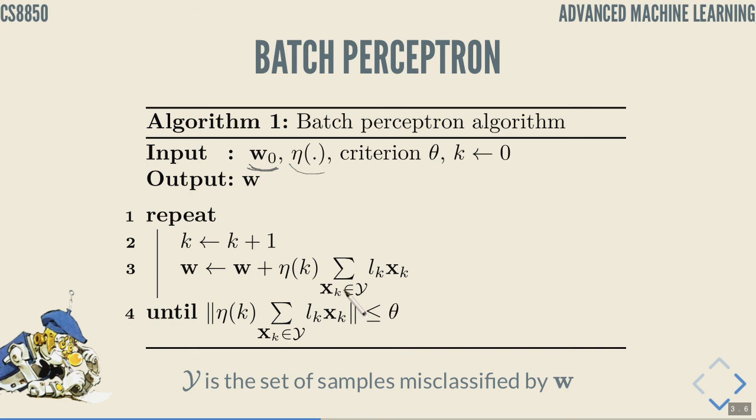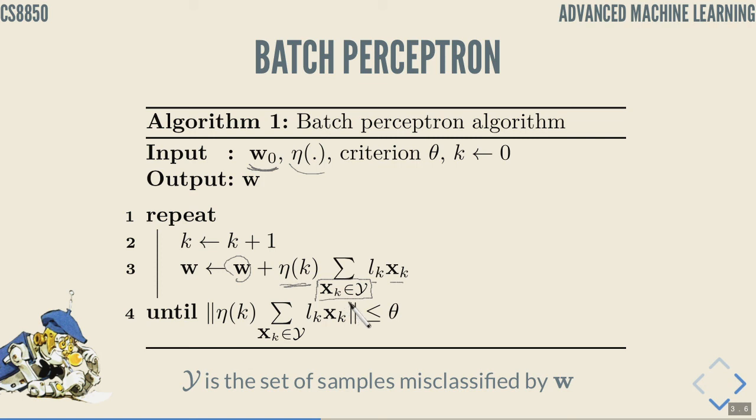But what we do, we go through multiple iterations, and at each iteration we update the current W with some learning rate discount of the sum of L, the label, times X, only for misclassified samples, but for all misclassified samples at once.